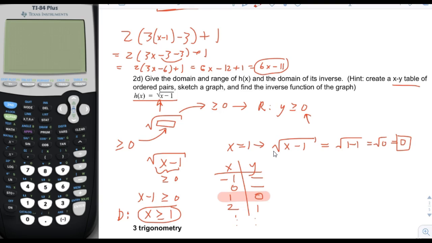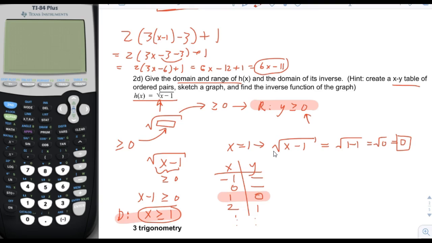So you can get the same answer by making an XY table or sketching the graph or something like that. So we gave the domain and range of h of x. This would be these two here. Now we're going to give the domain of its inverse function.